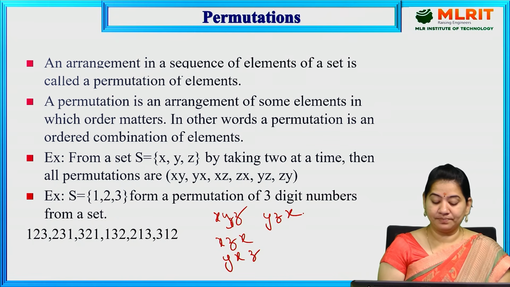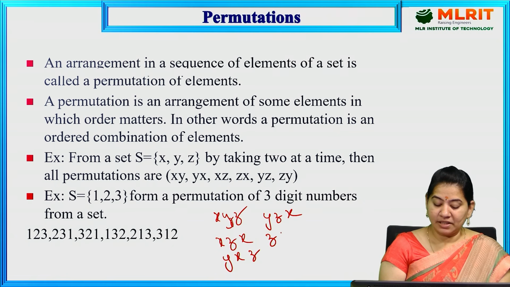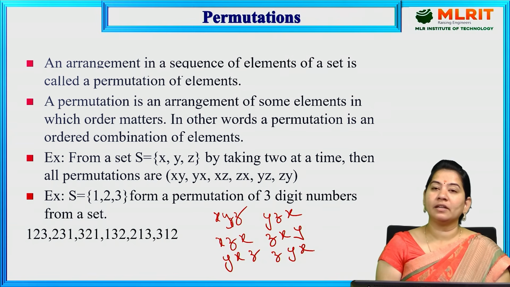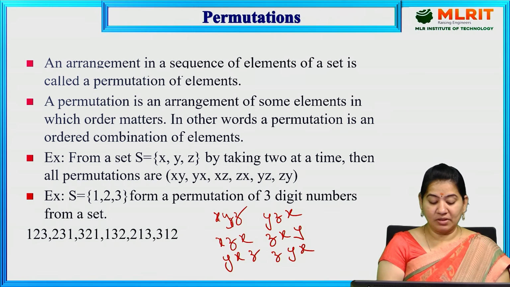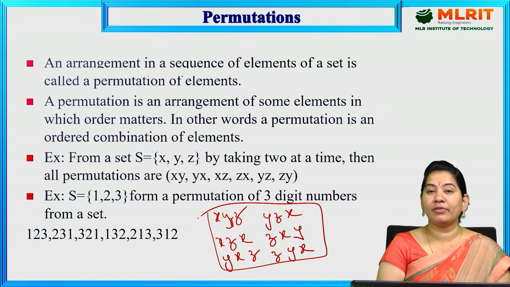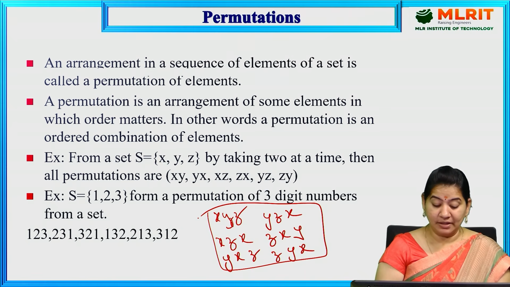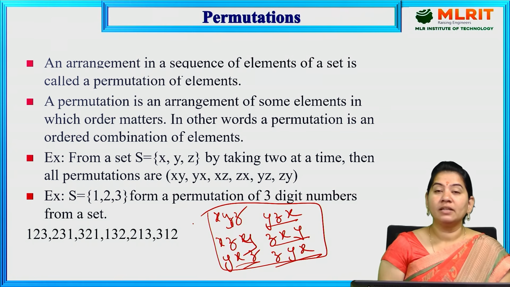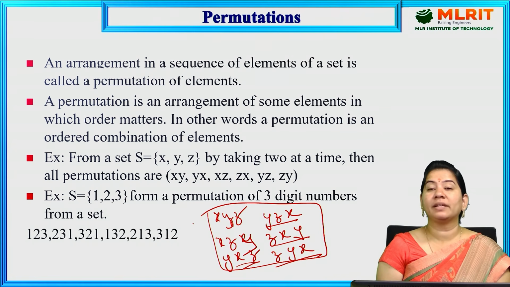In the same way, z, x, y and z, y, x. So you also get 6 arrangements here. These are the 6 ways we can arrange 3 at a time.